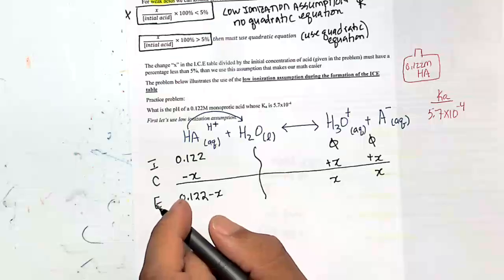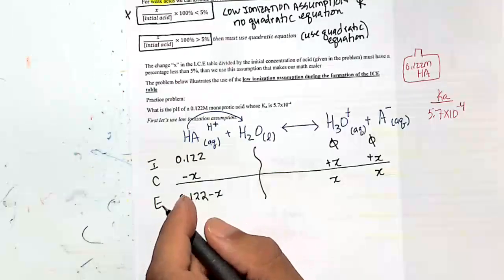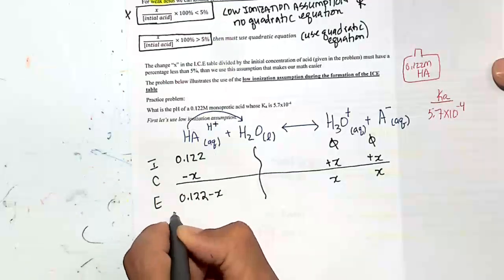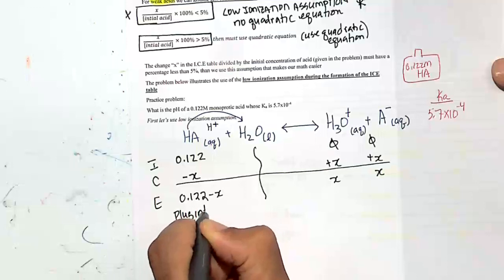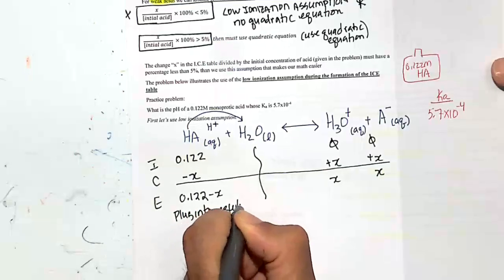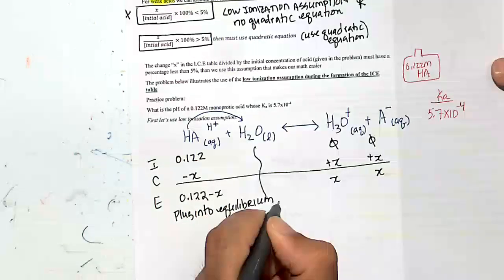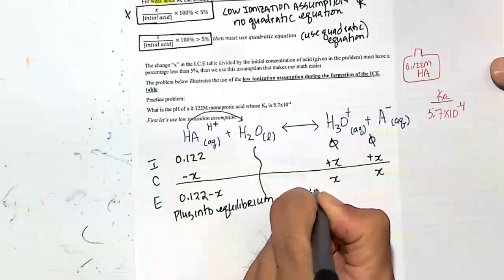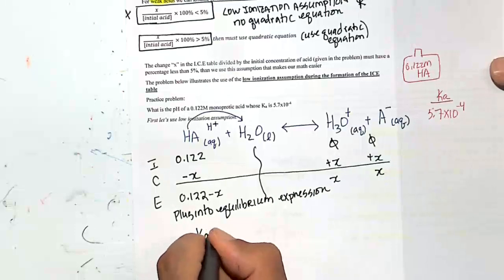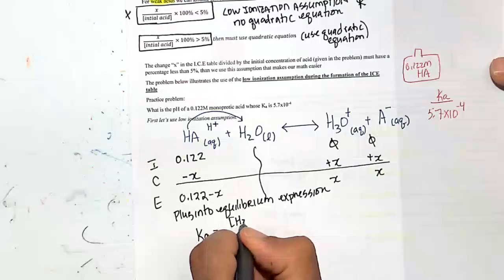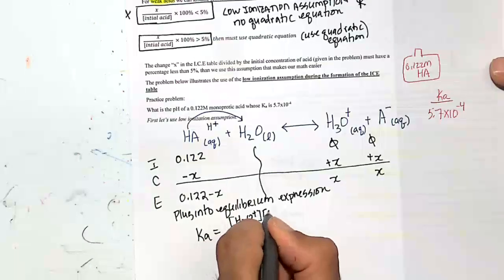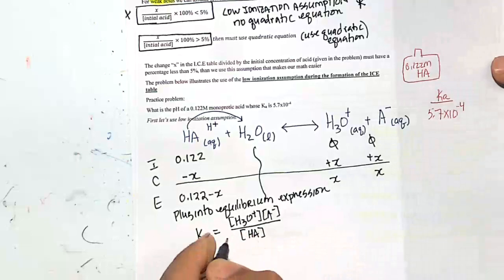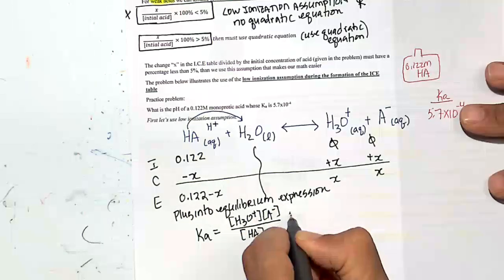The next step is we'll plug it into the equilibrium expression. This is what I want you to do for your homeworks and your tests and so on. So this Ka is H3O plus times A minus divided by HA.